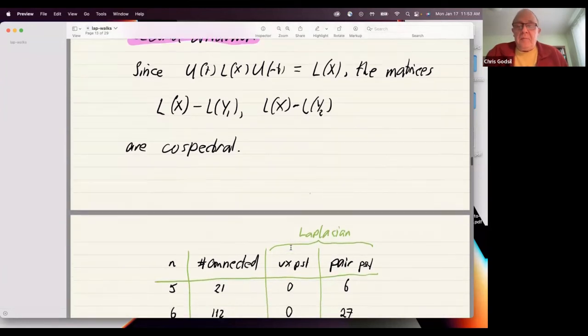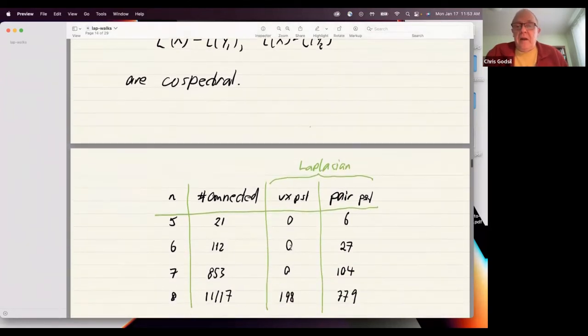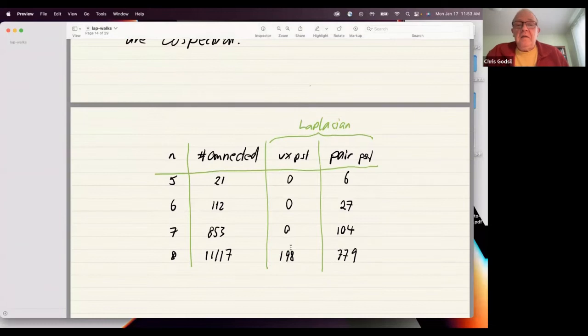Now, a related comment here. Well, Tina did some computations, and so what we've got here is a table for n from 5 through 8. Here we have the number of connected graphs on n vertices. And using the Laplacian as Hamiltonian, here are the number of graphs on 5 to 8 vertices with vertex perfect state transfer. So you get transfer from one vertex state to another using the Laplacian as your Hamiltonian.